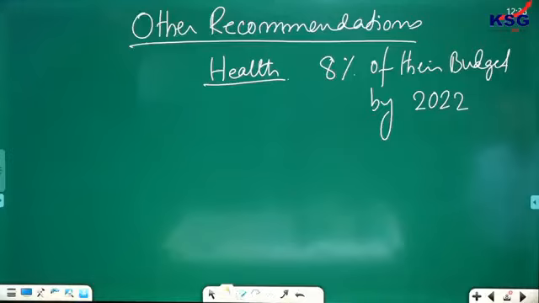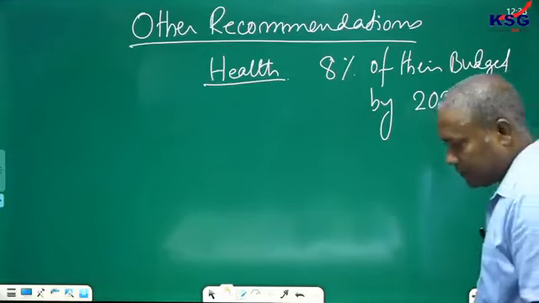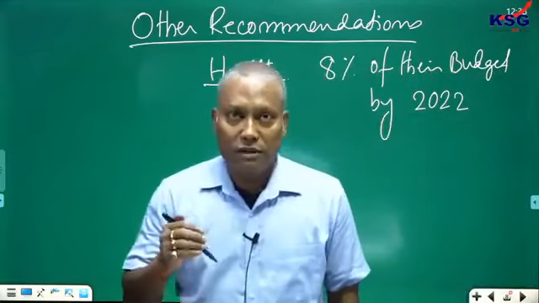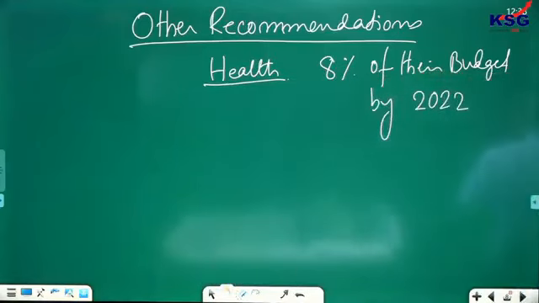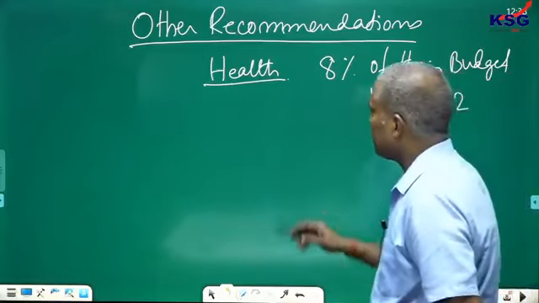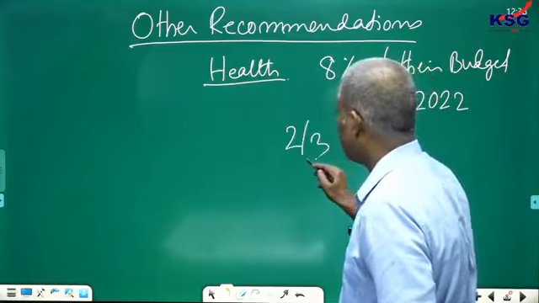This is one of the recommendations for state governments, because they want to develop the health sector at the state level. Okay, continue there. Primary health care expenditure should be two-thirds.